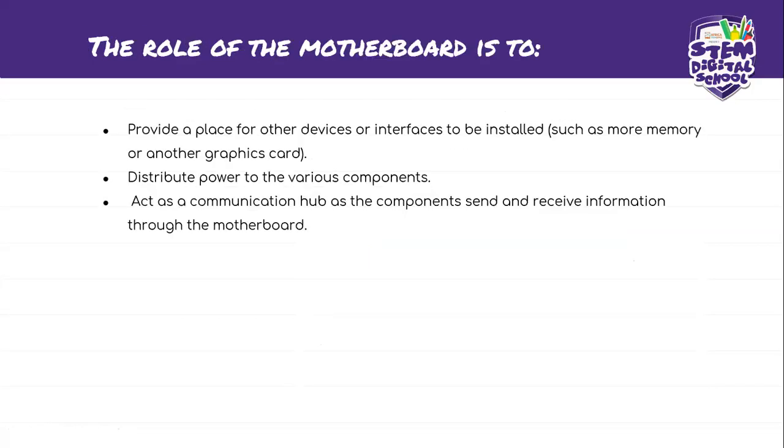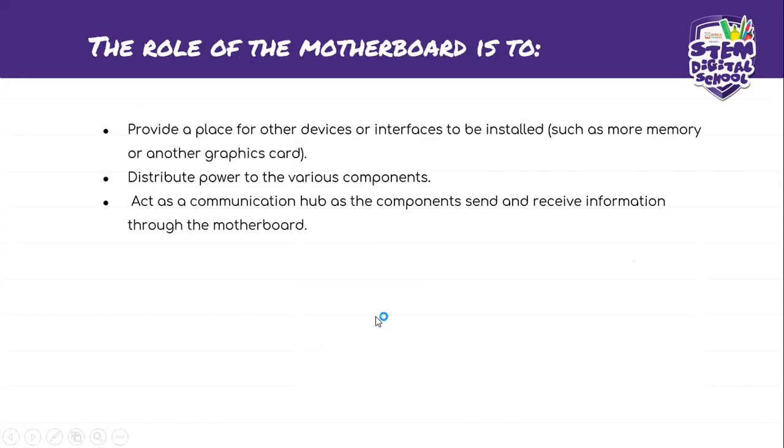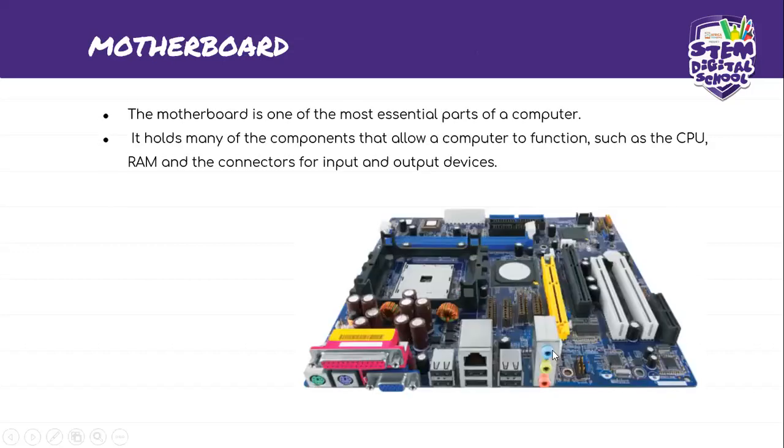So we said the role of the motherboard is to provide a place for other devices or interfaces to be installed. Can you see a place for other devices or interfaces to be installed? Here is a place for other devices to be installed.